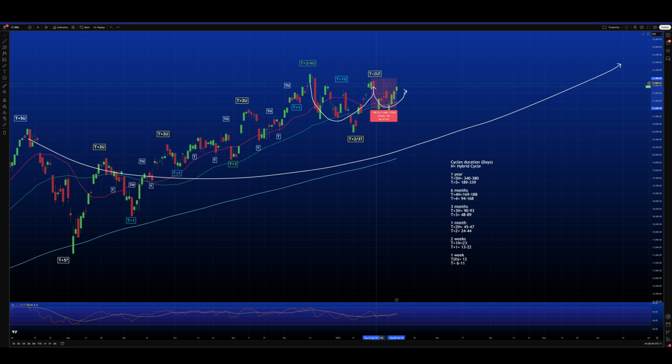So from this top here until here, we have 10 bars out of 11, and the weekly cycle cannot be closed here.